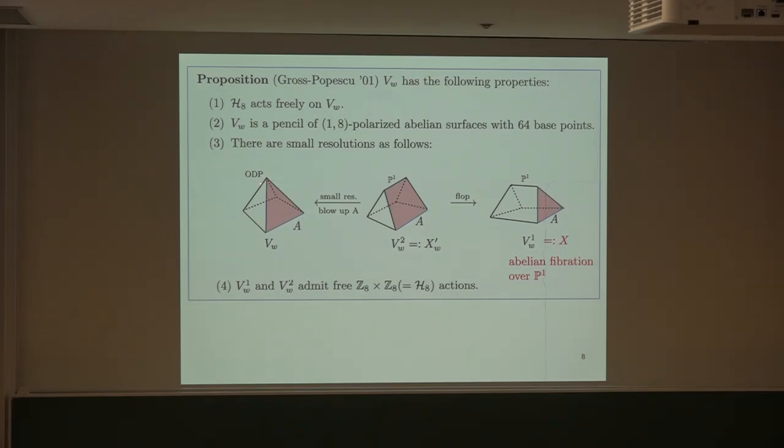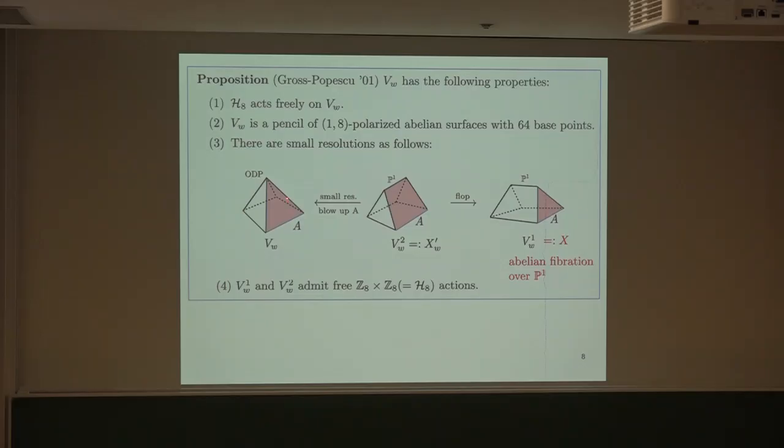We can see this kind of local geometry at the 64 points, which are the only singularities of this Calabi-Yau. What we do is look at the local geometry at all 64 points, something like this, and there is an abelian surface. The 64 points are on one abelian surface, which is a divisor.